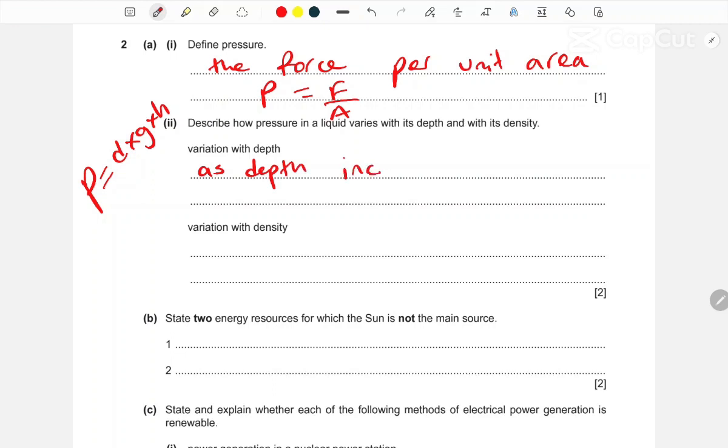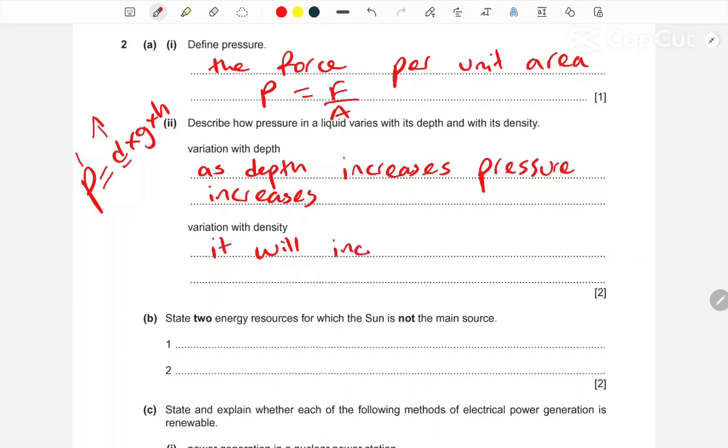So as depth increases, pressure increases too. And with density, it's the same. If the density increases, the other numbers would be multiplied by a higher number. So that means the pressure also increases. So it will increase with density.